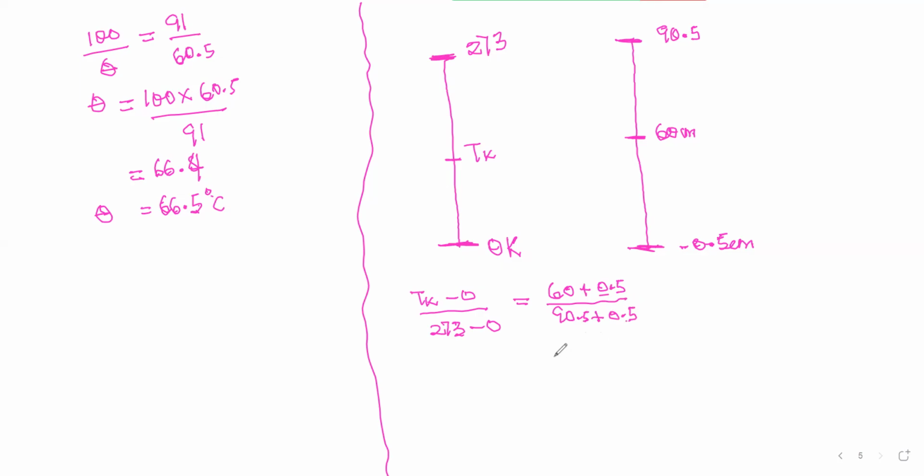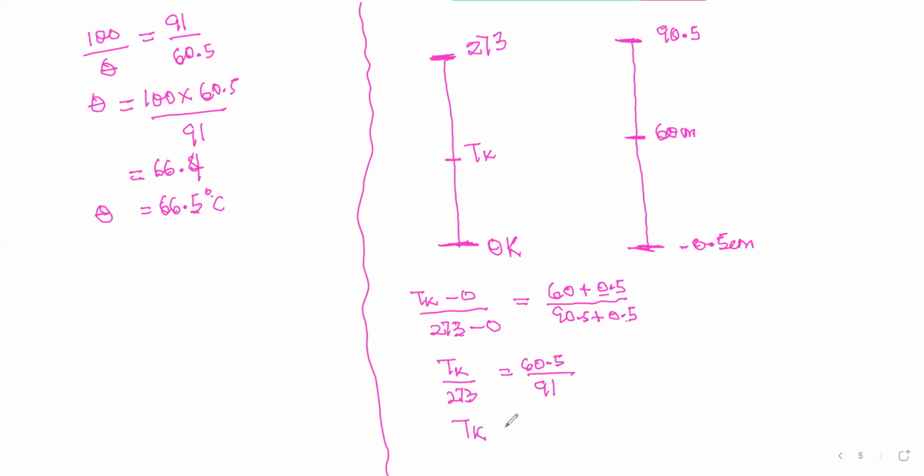So the only difference is that here at 0K, we are given a value. Therefore, TK on 273 would be equal to 60.5 over 91.